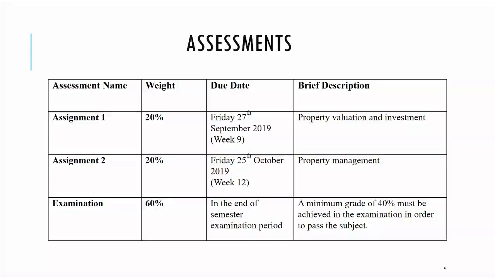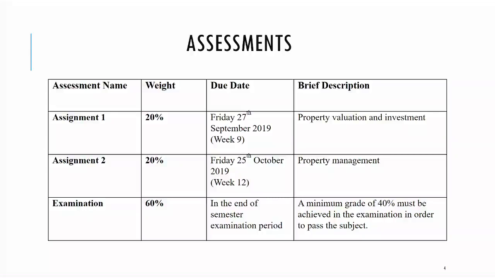That assignment is about property valuation and investment. Assignment 2, again an individual assignment, is also 20% of the whole course and is due on Friday 25th October in week 12. So the gap is only 3 weeks.